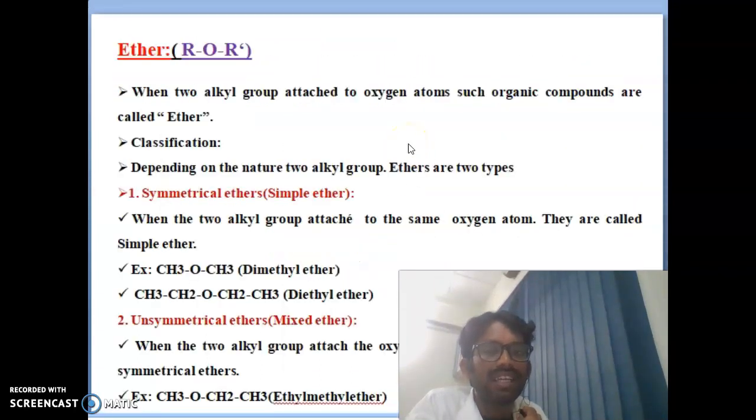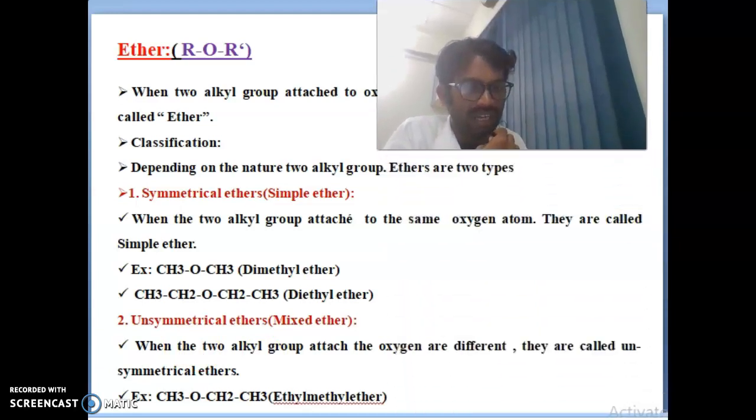Next one, ether. You can see that this word is repeated in organic chemistry. What is ether? When two alkyl groups are attached to an oxygen atom, such organic compounds are called ethers. Classification: depending on the nature of the two alkyl groups, ethers are of 2 types, symmetrical ether and unsymmetrical ether, or simple ether and mixed ether.